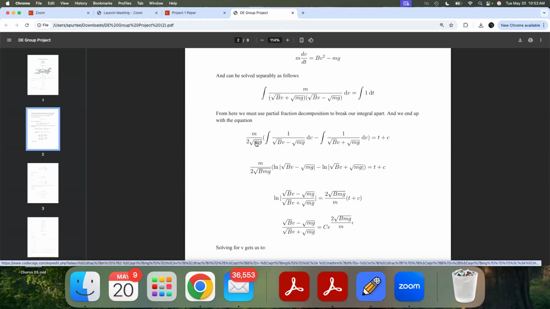M over 2 square root of mg integral 1 over square root bv minus square root mg dv. You're already bored. Now imagine that going on for 6 minutes straight for one single slide. Do not do that. Don't read to your audience.